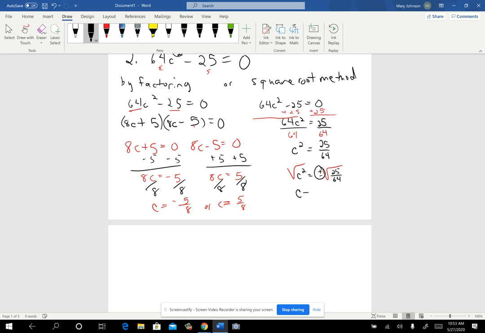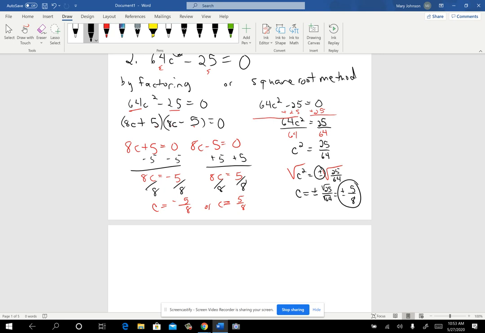So I get c equals positive or negative square root of 25 over the square root of 64, which would be 5/8, positive or negative. Let me write that a little better. Your final answer would be positive or negative 5/8. You've got to be sure to get both of those solutions.